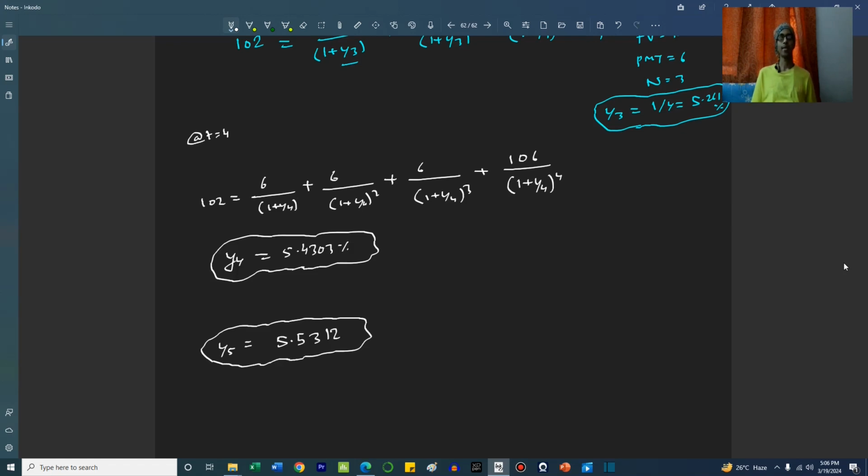Now here the lowest yield is y3 and the highest yield is y5, 5.5312. The lowest yield here is called the yield to worst. This means that the yield to the investor will be lowest if the bond is called at t is equal to 3.